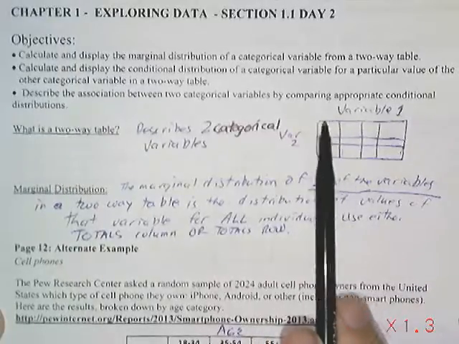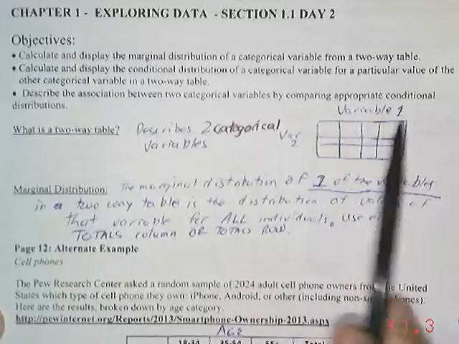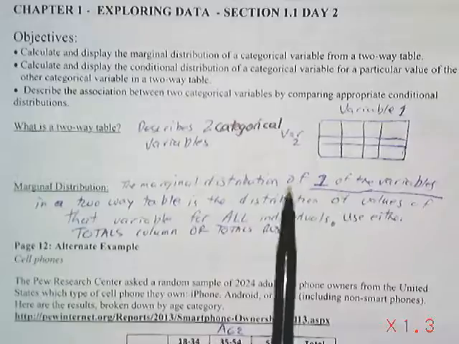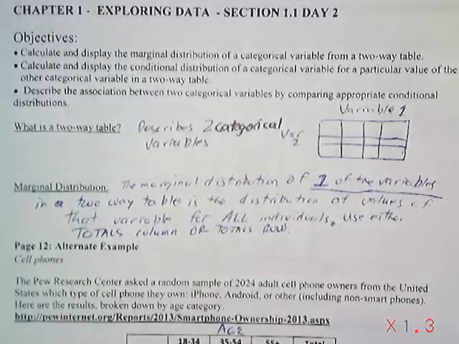A marginal distribution is always of one of the variables in a two-way table. It's the distribution of the values of that variable for all the individuals. Essentially, with a marginal distribution we ignore one variable and only calculate with the totals of the other variable.